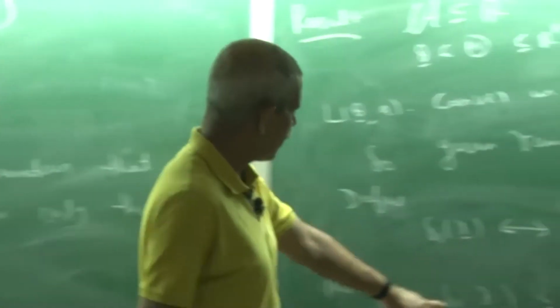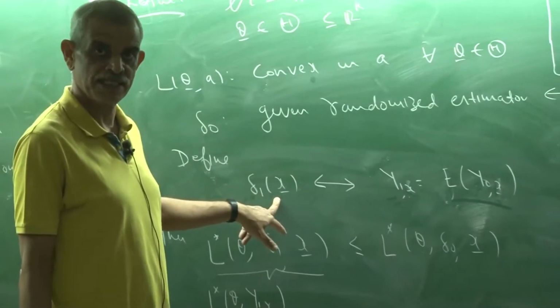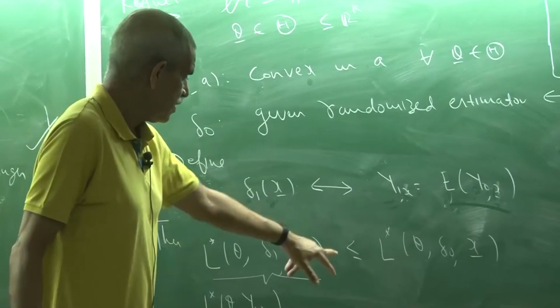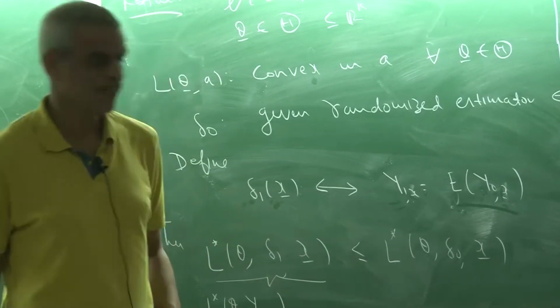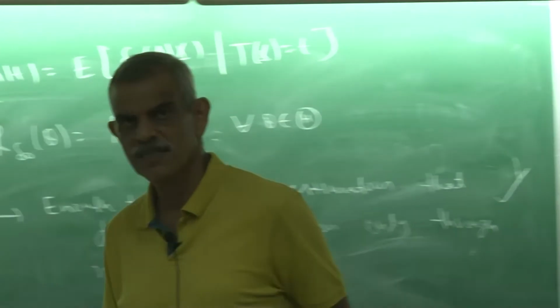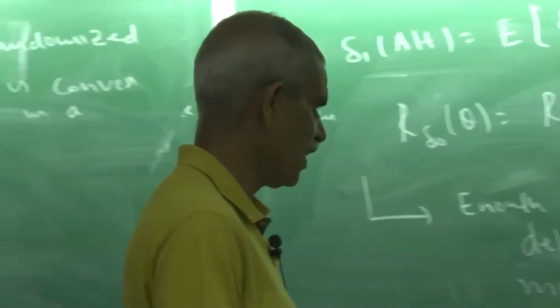Because for the new estimator delta 1x, which is a non-randomized estimator, the loss is less than or equal to this for every theta, so the risk would further be less because that would be the expected value of that.